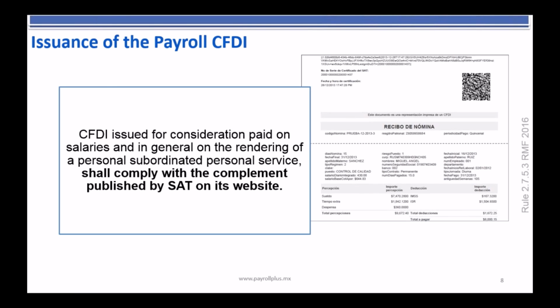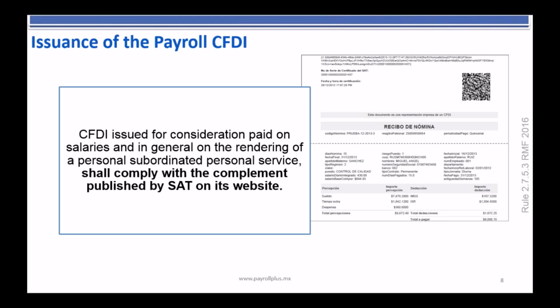Now, in regards with the issuance of the payroll CFDI, this has to be issued when salaries and personal subordinated services are paid, and it shall include the complement for the payroll.